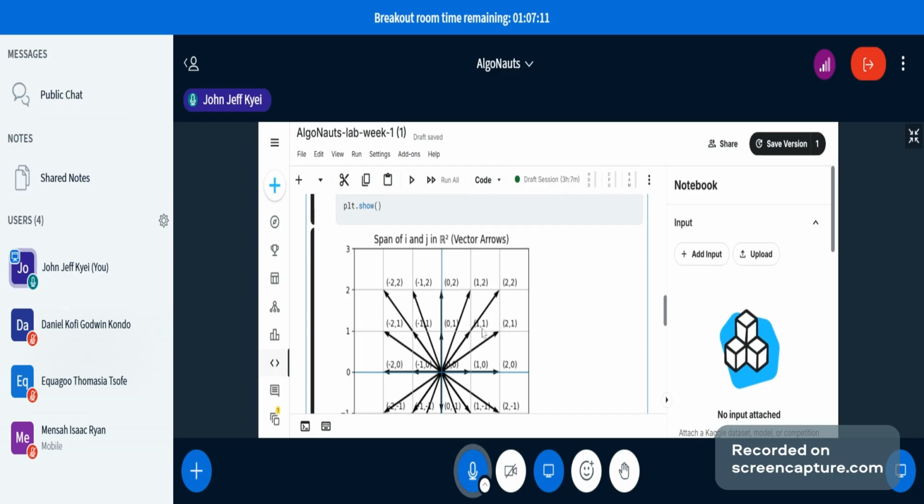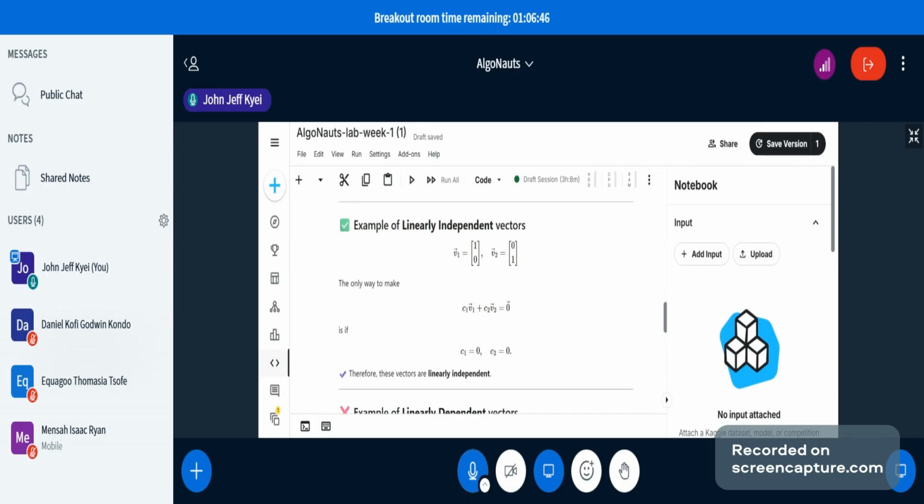So 1, 1 and 2, 2 are linearly dependent, and 1, 1 is just a multiple of 2, 2. If you multiply this by 2, you get this. But for those that are independent, you can't scale them up to get them. I can't multiply any value by 1, 1 to get 1, 2. I can't, right? That means they are independent.